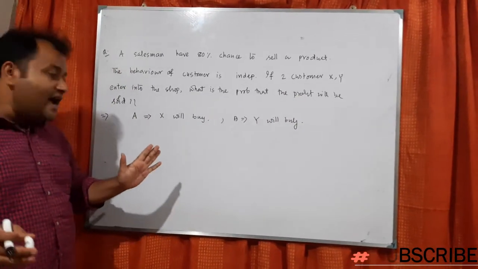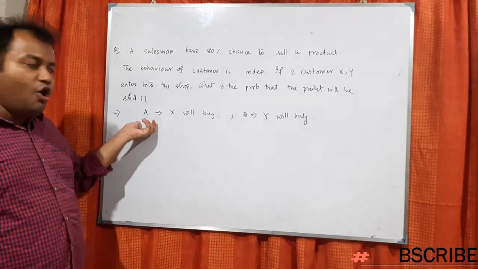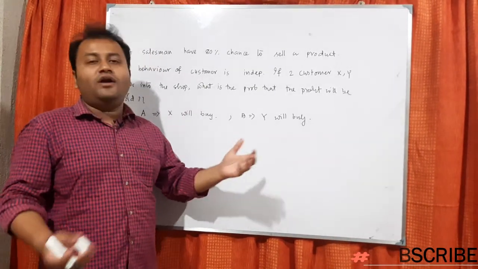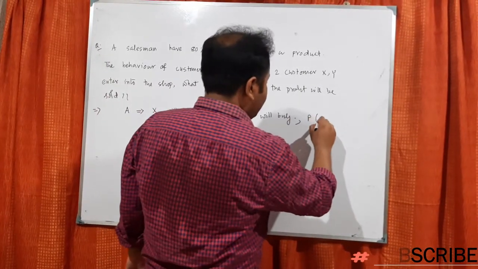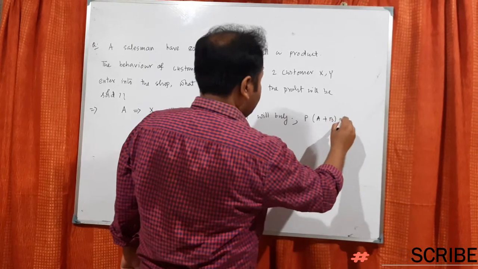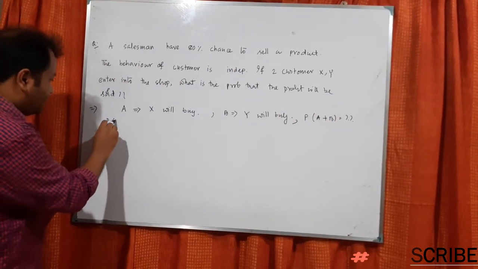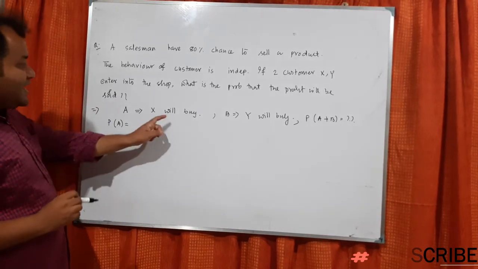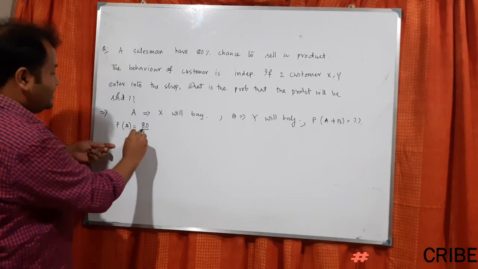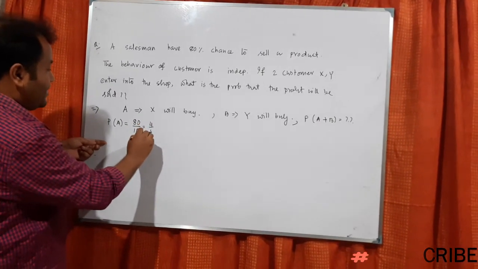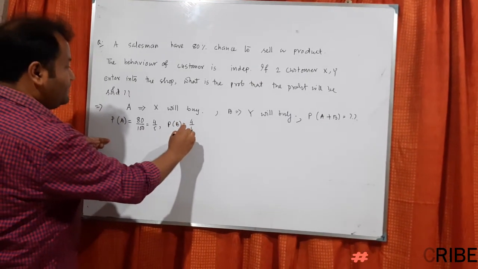So the product will be sold, that means product can be taken by A, or it can be taken by B, or it can be taken by both. So basically we have to find what is probability of A plus B. Now we know already probability of A, that is X will buy, is 80%, that is 80/100, so it is 4/5. Probability of B is 4/5.